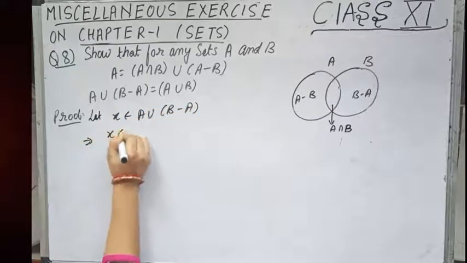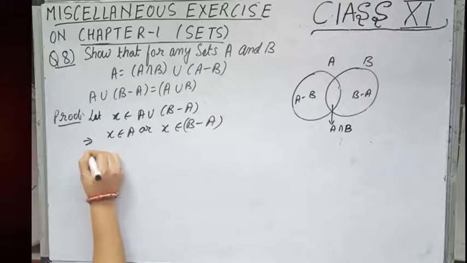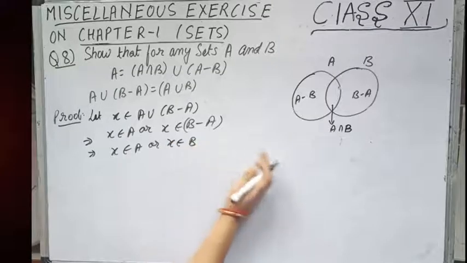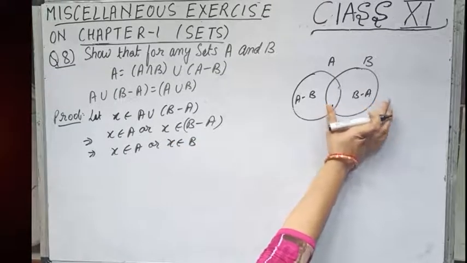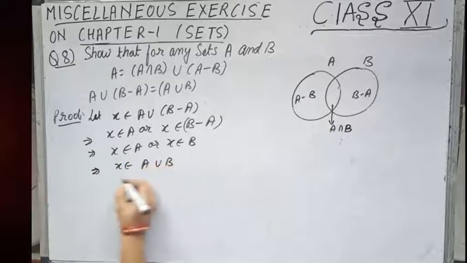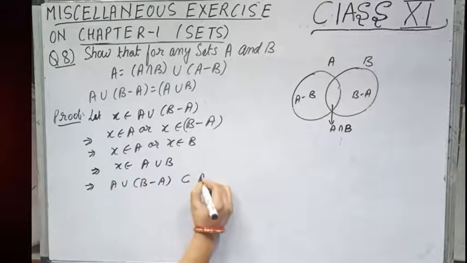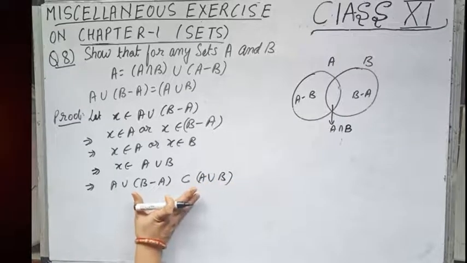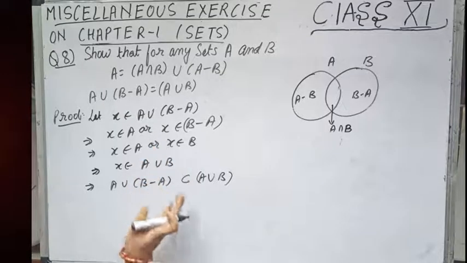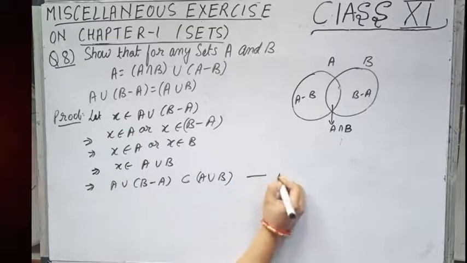This implies x belongs to A or x belongs to B minus A. This implies x belongs to A or x belongs to B. Over here, if an element belongs to B minus A, obviously it will belong to B. So this implies x belongs to A union B. This implies A union (B minus A) is a subset of A union B. Children, whenever you have to prove such equations, take care what we have to prove, and your steps should proceed in that format only. Let us make it equation number 1.